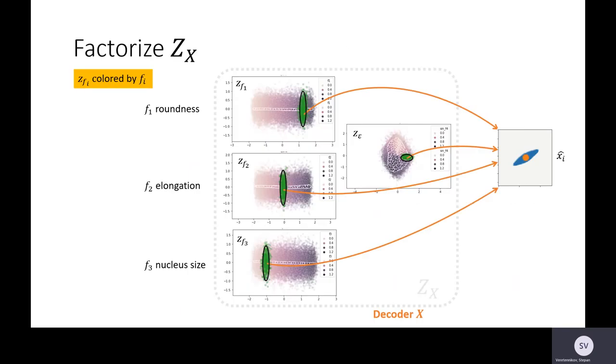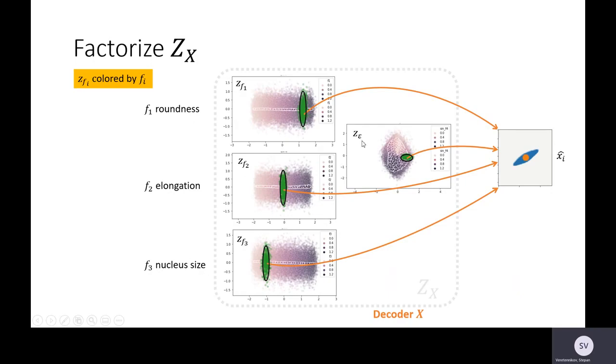The first step was to factorize the space Zx to represent images of cells. Here we can see that the model was able to learn the disentangled, factorized representation of a cell image, where ZF1 space corresponds only to the roundness feature, the ZF2 space corresponds only to the elongation feature, and ZF3 space corresponds only to the nucleus size feature.